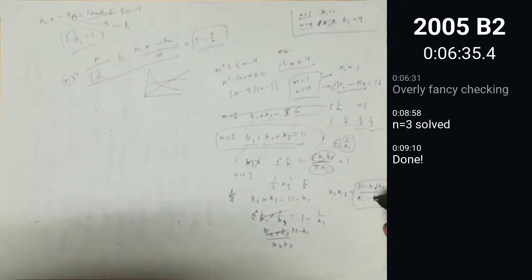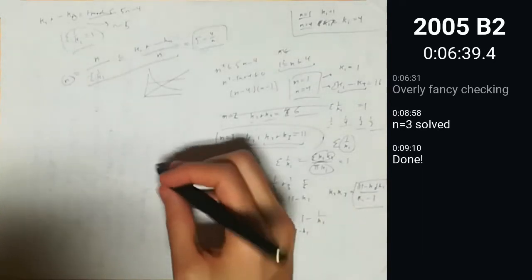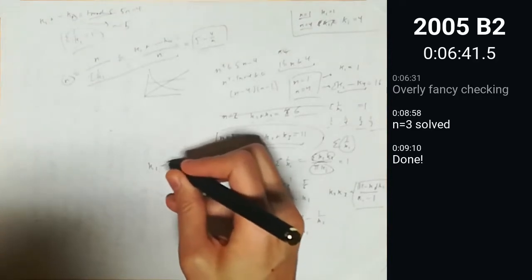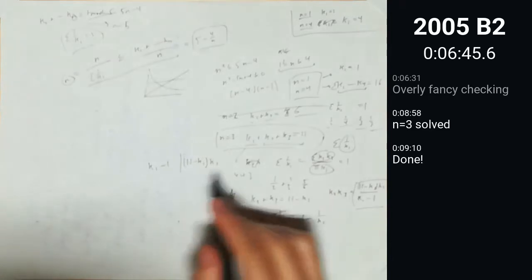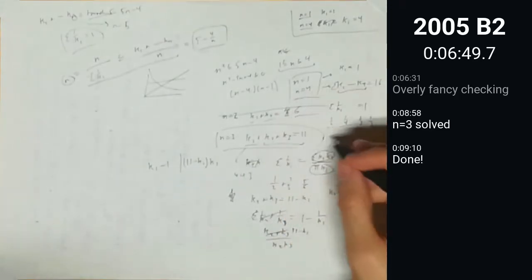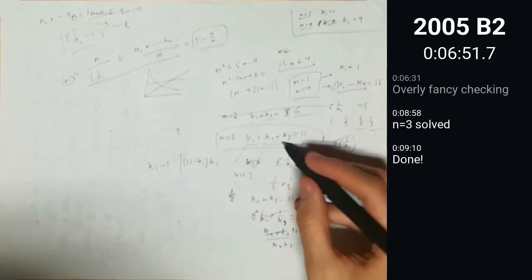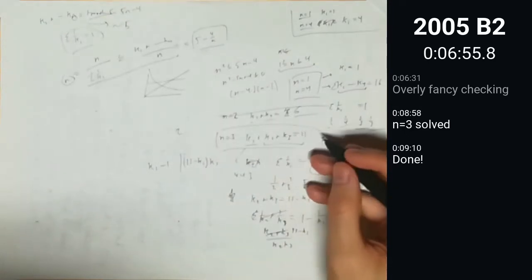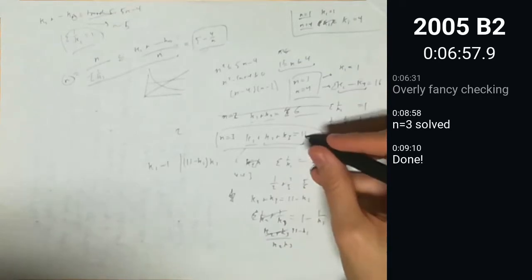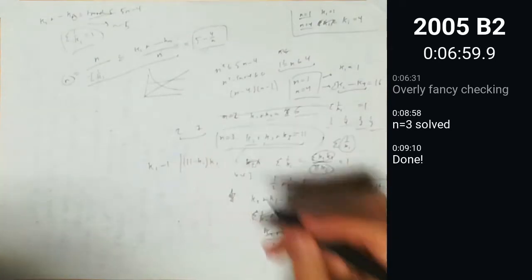So I think we can check all the K and show that we need to make sure that K1 minus 1 divides 11 minus K1 times K1 for all K1 from 1 to 11. Or actually, from 2 to, okay, none of these can be 1, so these two are both at least 2, so that makes this at most 7.